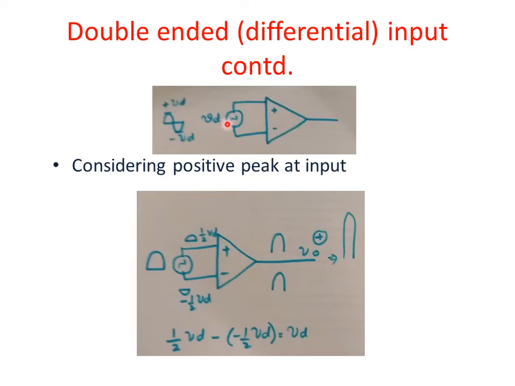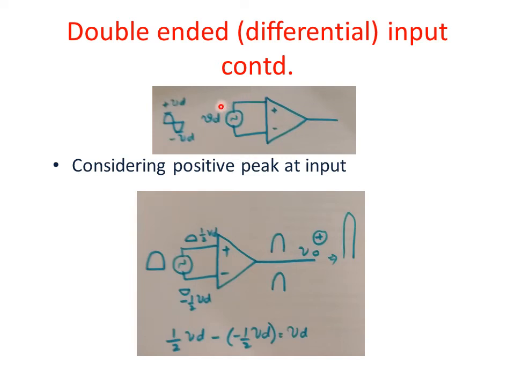So if I connect the positive terminal of the function generator over here and the negative terminal of the function generator over here, this will create a differential or double-ended operation for the operational amplifier.